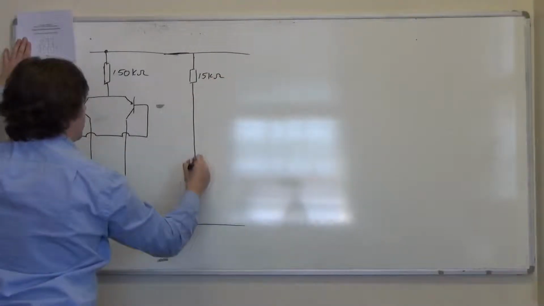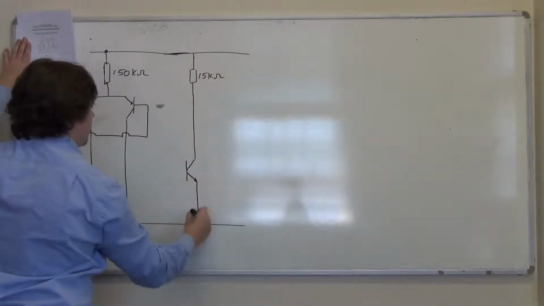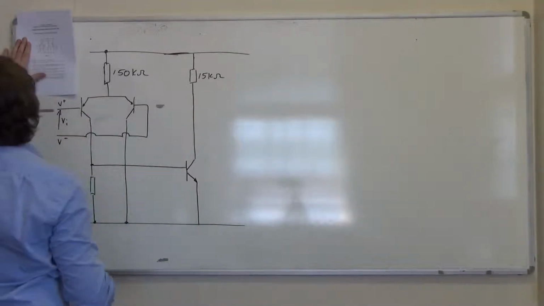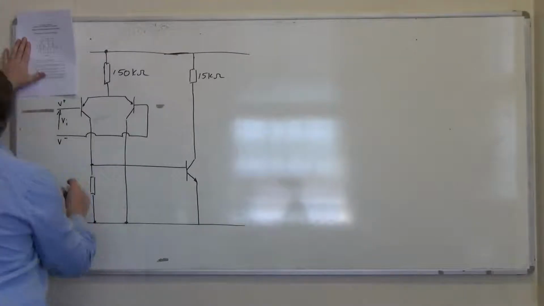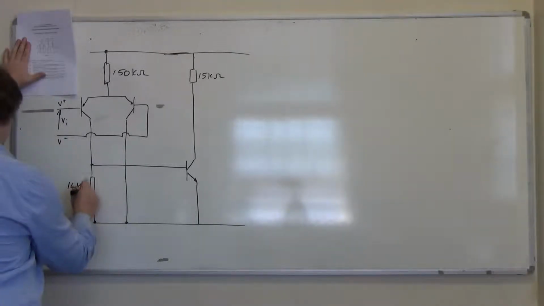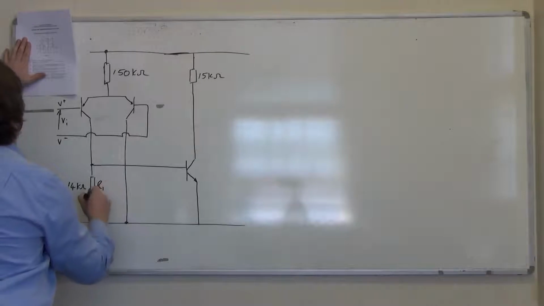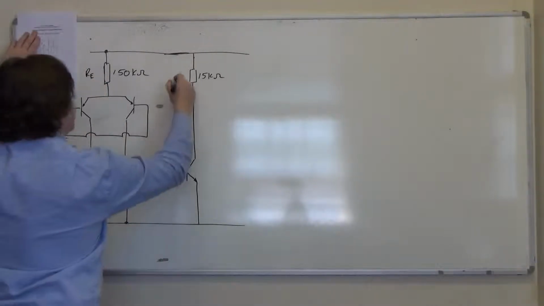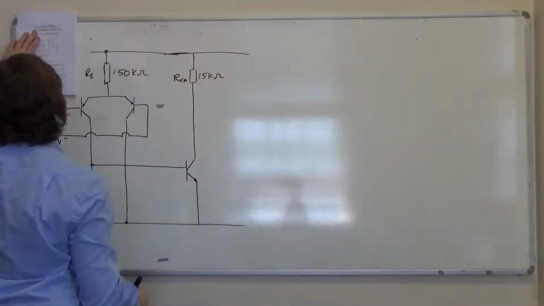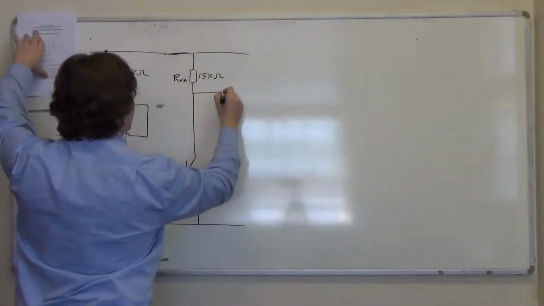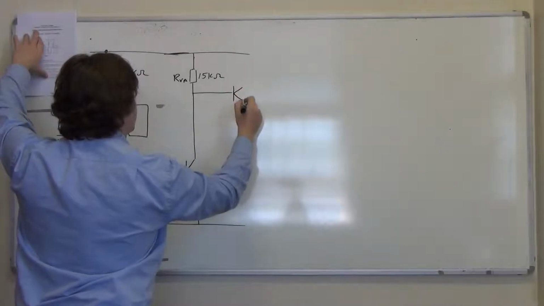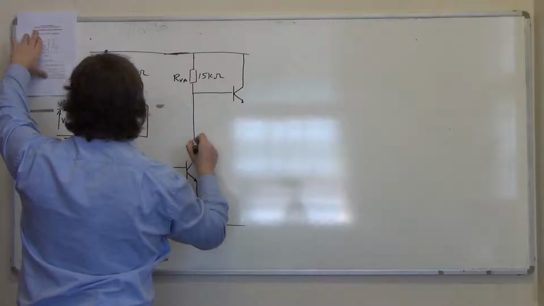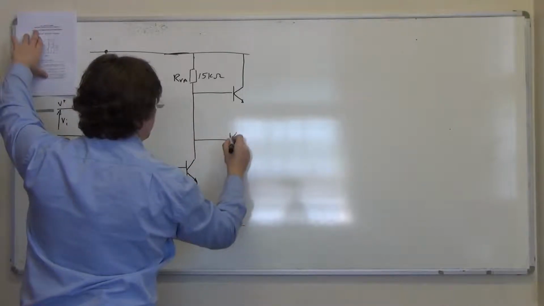and that goes down to a common emitter amplifier, which is driven from one collector of the differential pair. This is 14 kiloohms. We'll call it R1. This is RE, 150k. That's RVA, 15k, and that drives a push-pull of common collectors, or if you prefer, emitter followers.